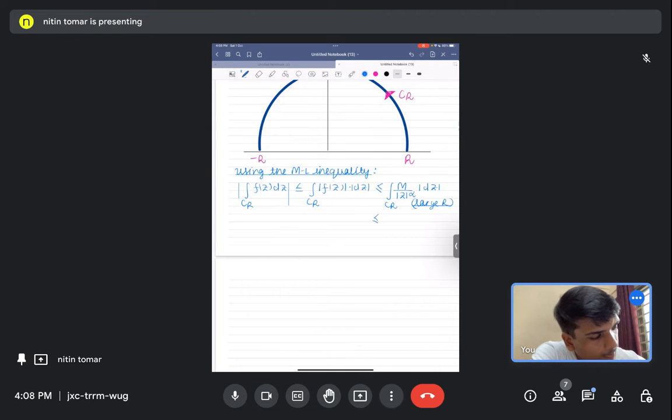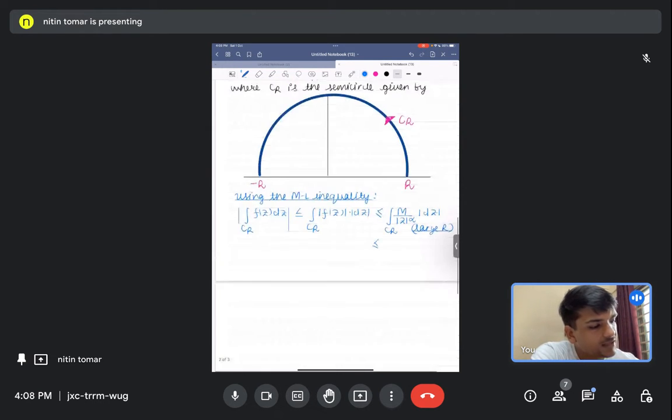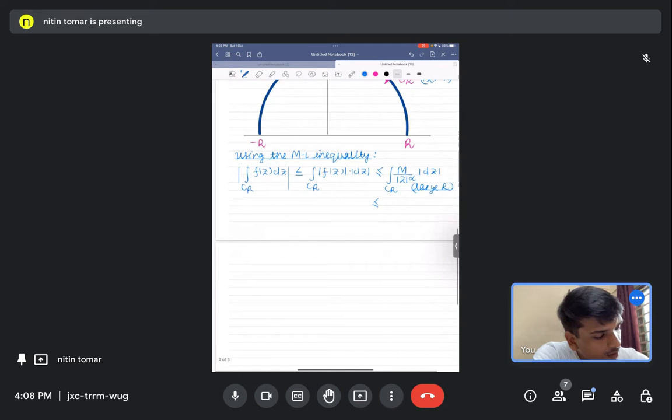Now on C_R, what is the value of mod z? It is R, right? So it is M by R to the alpha times the integral over C_R of |dz|.